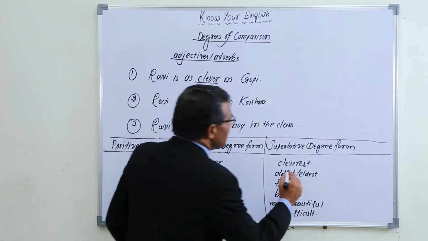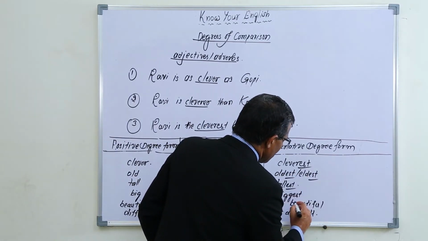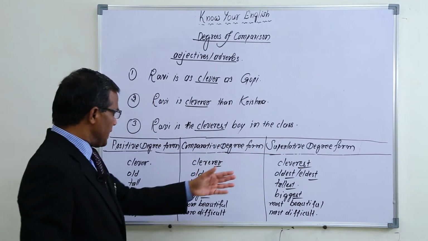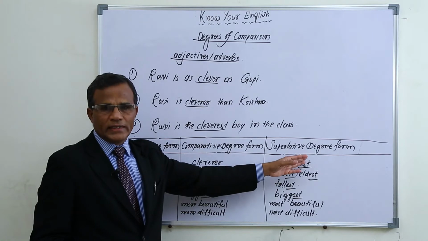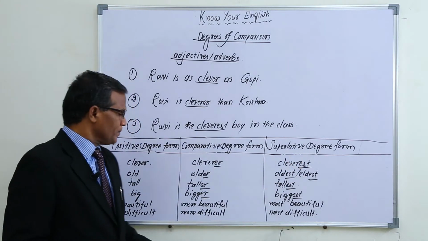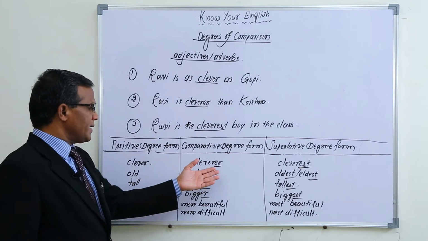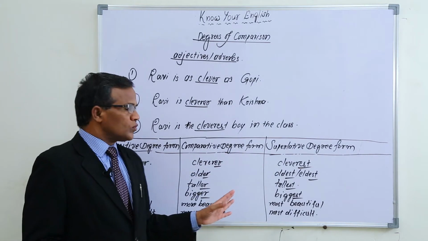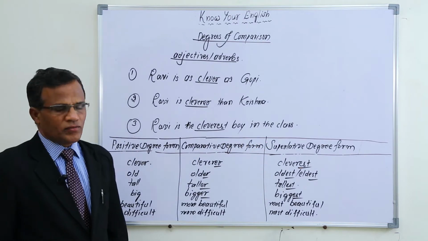And if you add est to the positive degree form, you can find the superlative degree form. So it's very easy. For small words like all these adjectives and adverbs, simply you can add er and est to form comparative and superlative degree forms.